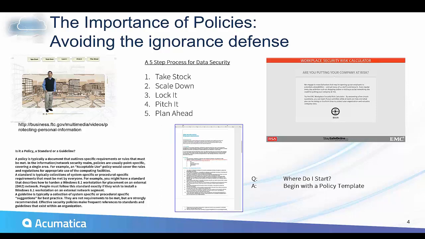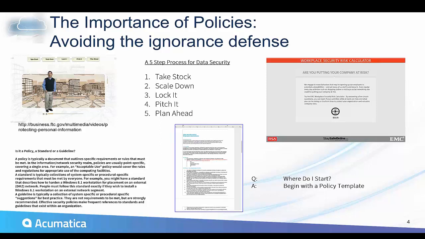But the Federal Trade Commission is responsible for consumer protection in the United States. So they provide a whole lot of information about what you can do to protect information, not only how you can take action to protect yourself as a consumer, but also, if you are a business, how you can make sure you're taking the necessary steps to protect the information that your customers, who are consumers, share with you.